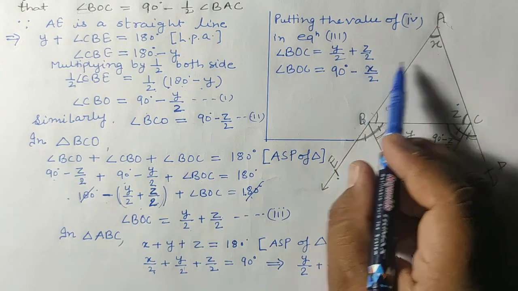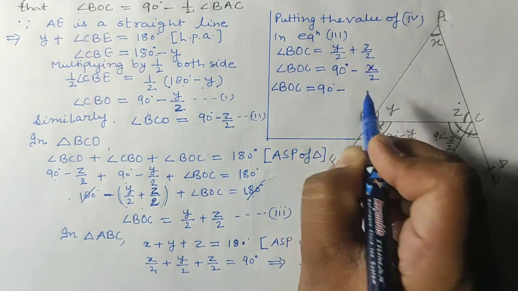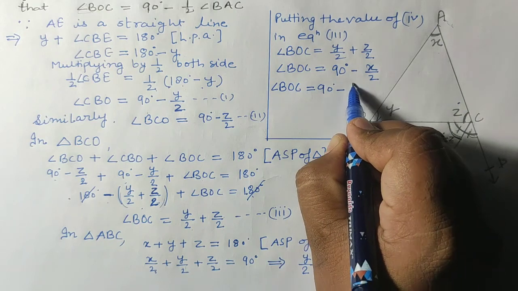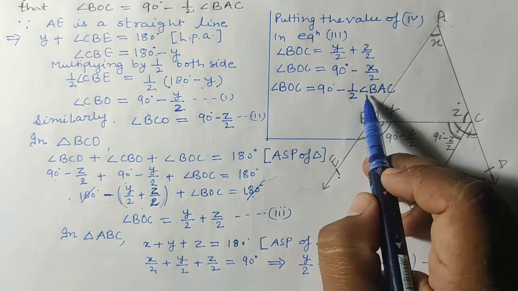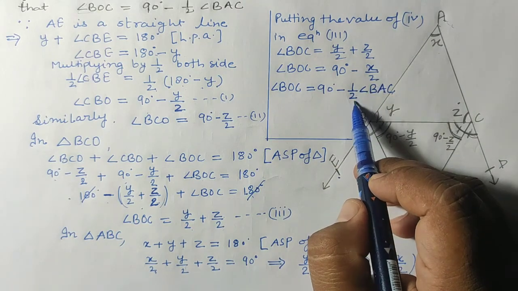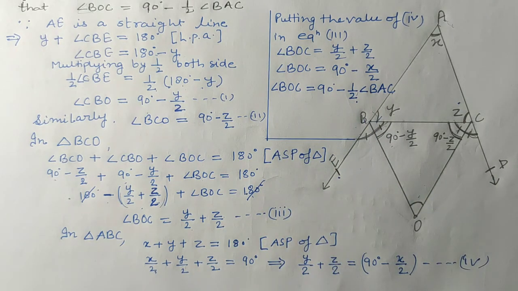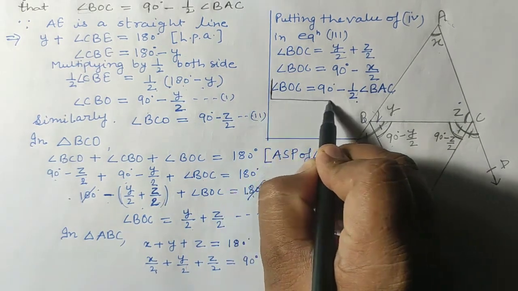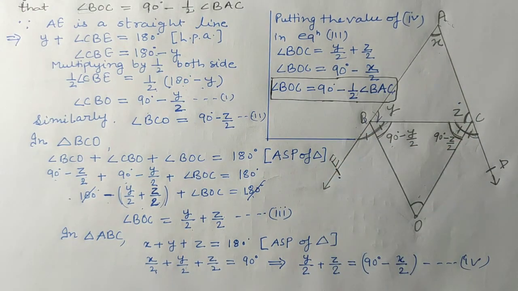Now students, which angle was x? Angle x was BAC. So at the place of x, angle BAC is there, and the denominator 2 can be written like this. So angle BOC is equal to 90 degree minus half of angle BAC. So this was to be proved in this question: angle BOC is 90 degree minus half of angle BAC.